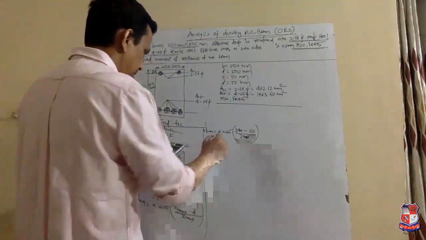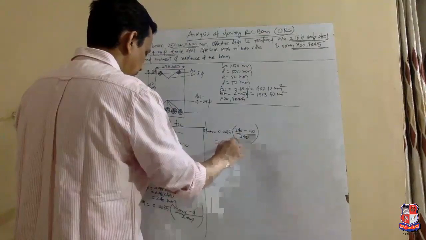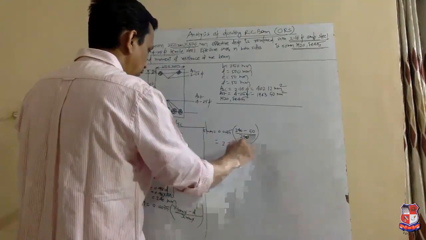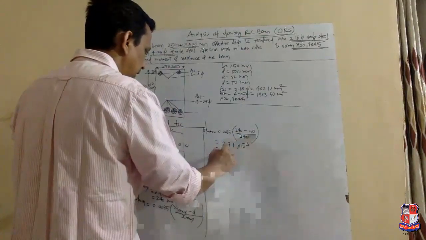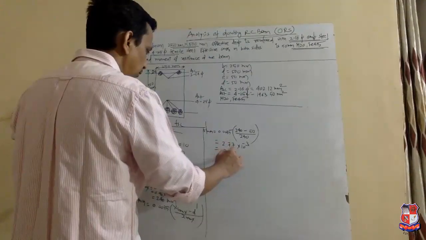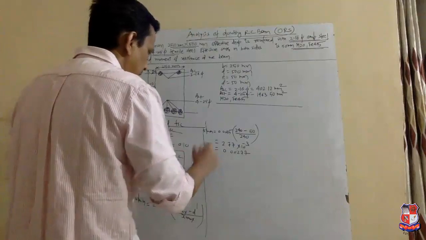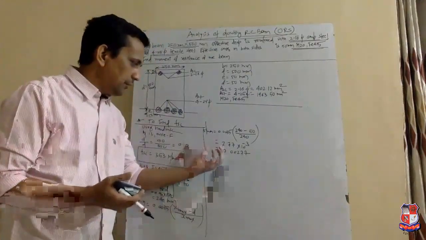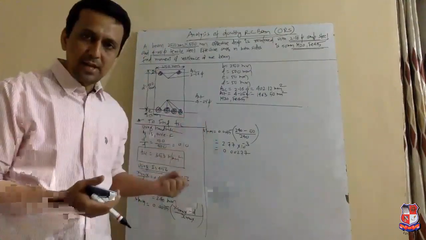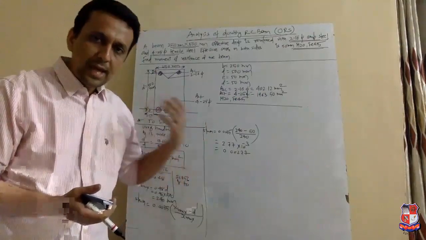So we get 2.77 into 10 raised to minus 3, equal to 0.00277, right?